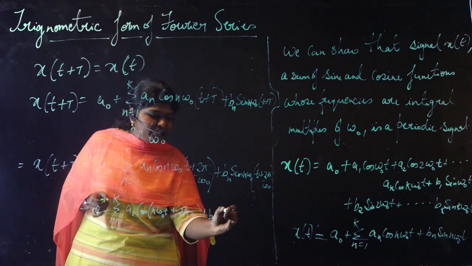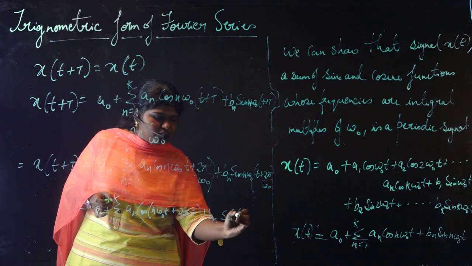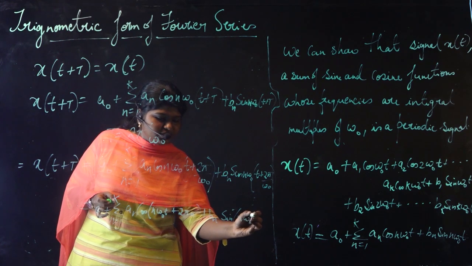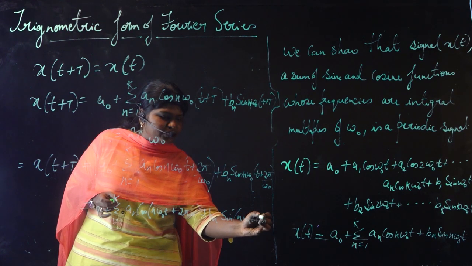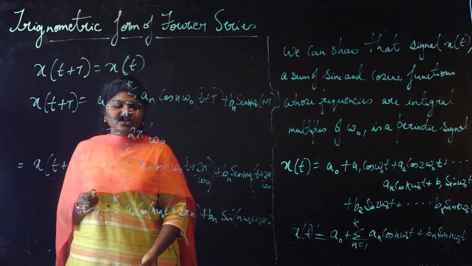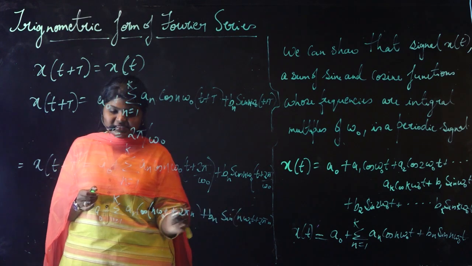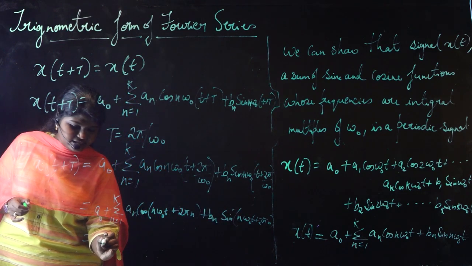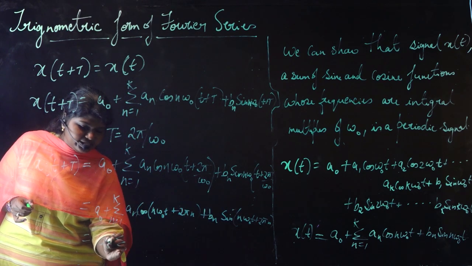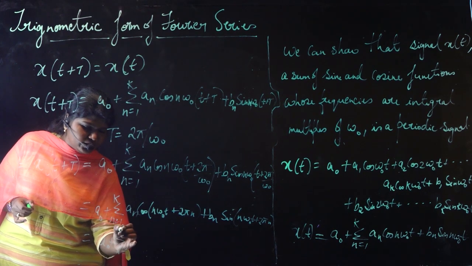Similarly, plus bₙ sin(nω₀t + 2πn). So cos(2π + θ) and sin(2π + θ), and there will be no change of value from 1 to k.